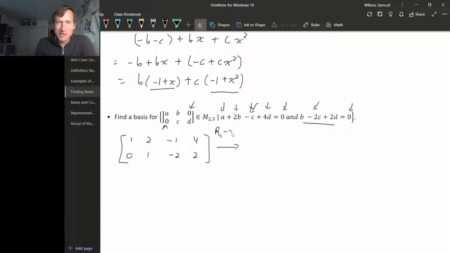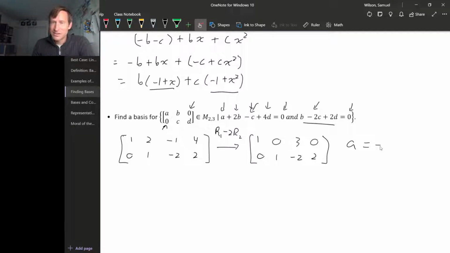So row 1 minus 2 times row 2, and that'll get us to reduced row echelon form. So 1, 0, 3, 0, and then 0, 1, -2, 2. Okay, so now this is in reduced row echelon form.